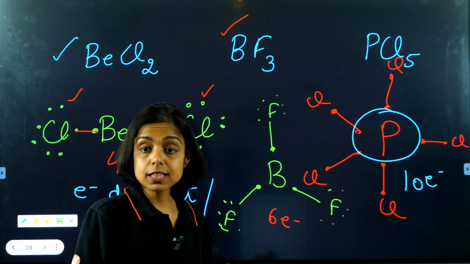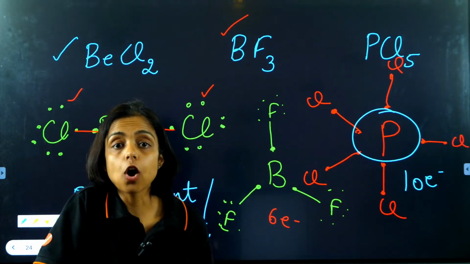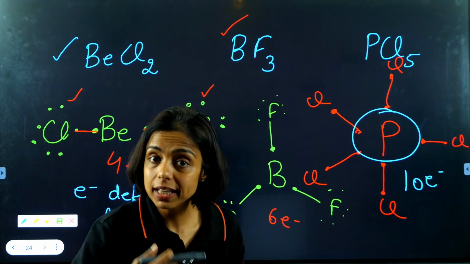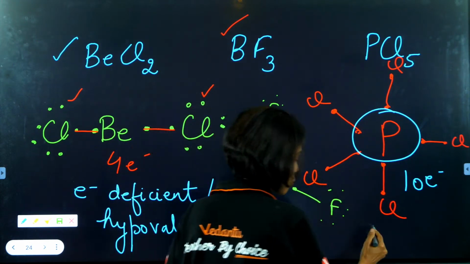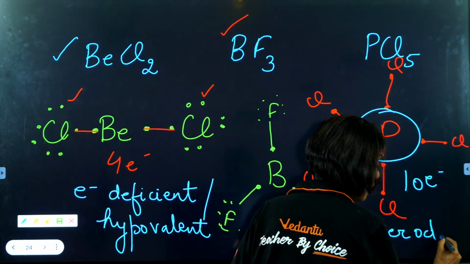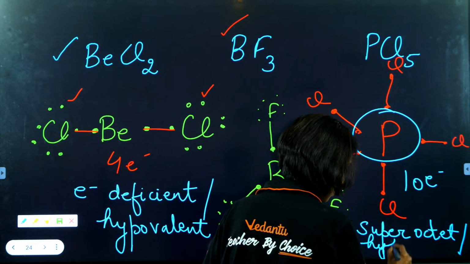So still this molecule exists and it is a stable molecule. Again, it is not obeying the octet rule because it does not have 8 electrons. Rather, it has more than 8, 10 electrons. Such compounds we call superoctet, expanded octet, or hypervalent.